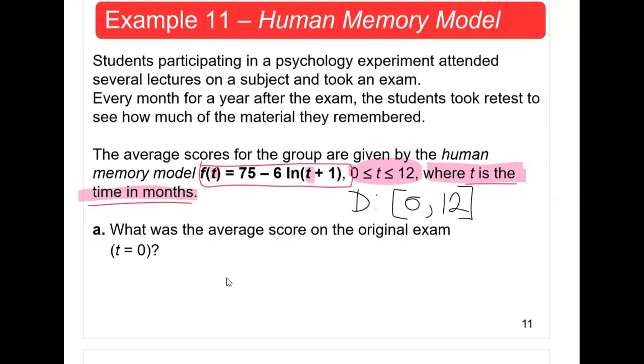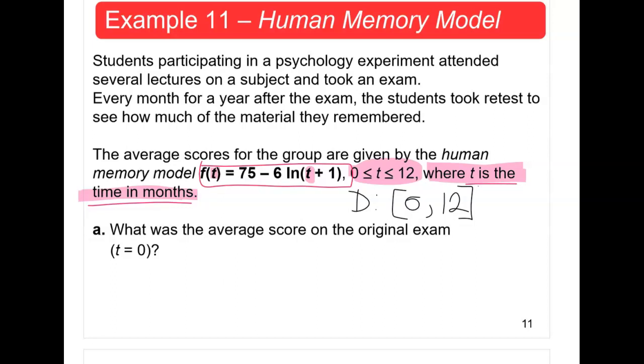It says the average scores from the group. Okay, we read that already. What was the average score on the original exam? So we're going to see the original day.